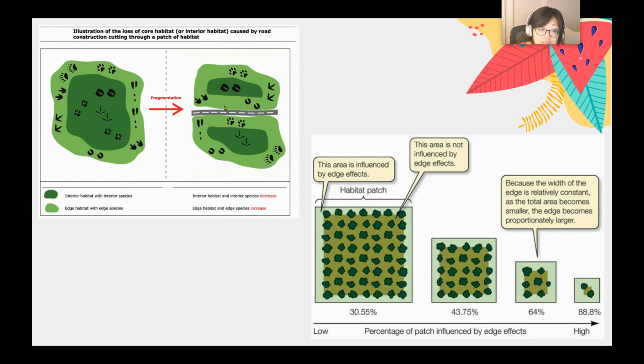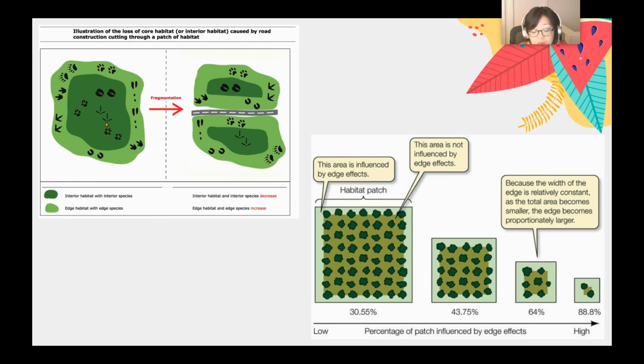You increase the edge, but you decrease the size of the interior of the habitat. There are some species that need conditions that are only found in the interior. Maybe they're shy, they need certain tree covers, and things like that. And by fragmenting, you're reducing that size.